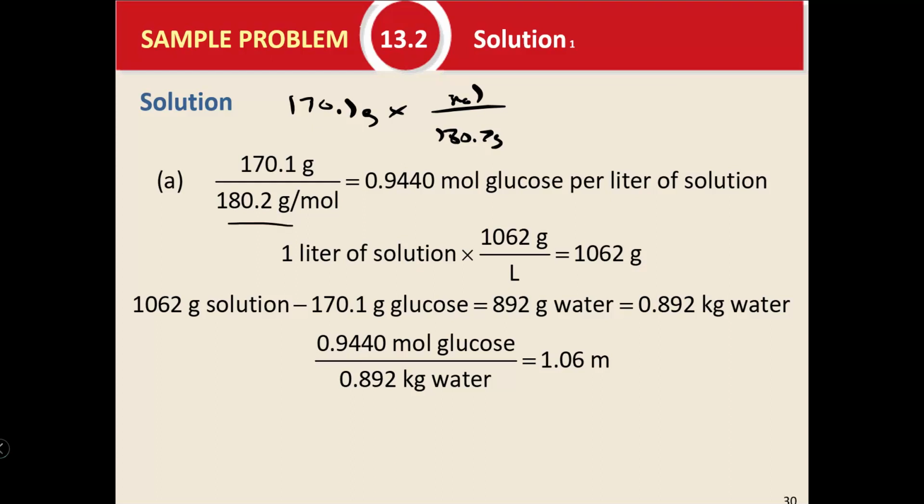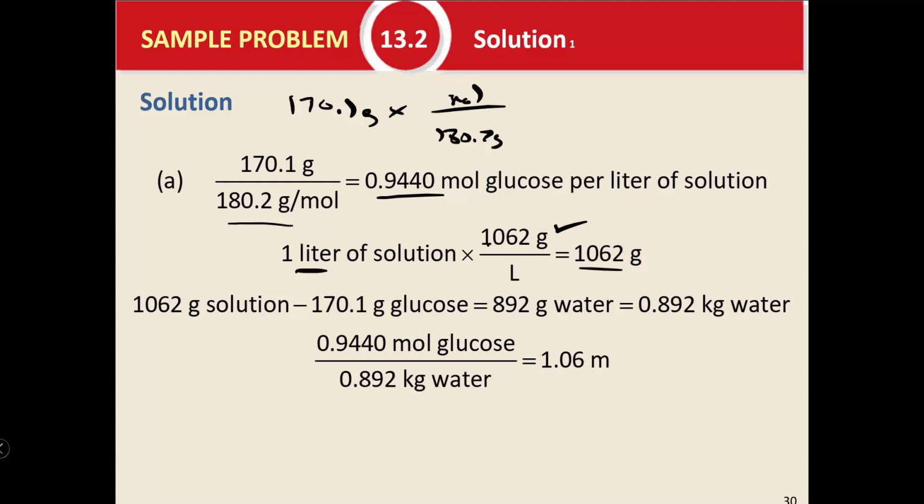I understand it. So this is how many moles of glucose we have. They took the liter of solution, multiplied by the density of the solution, and they get 1,062 grams of solution.